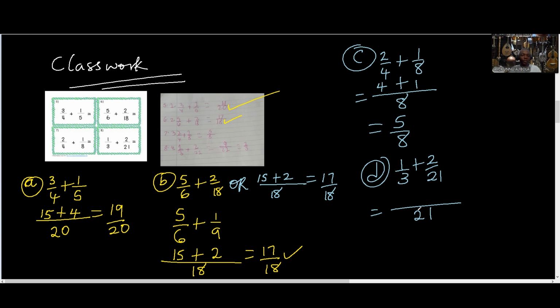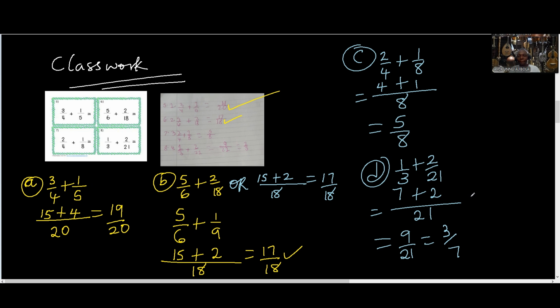So 3 in 21, that is 7 times 1, that's 7. And 21 here, 1, that is times 2. Then we have 9 over 21, which we can reduce to 3 over 7, dividing by 3 here and here.